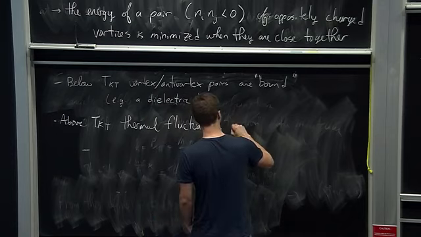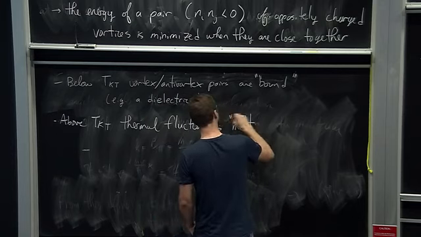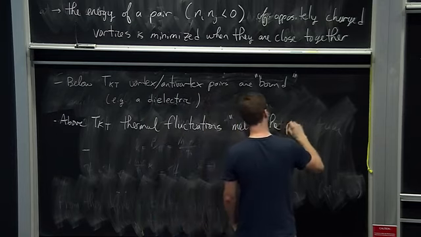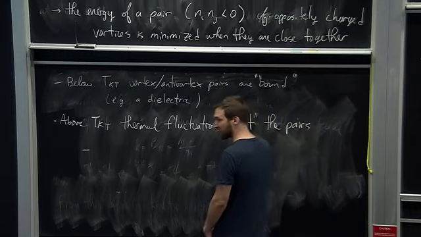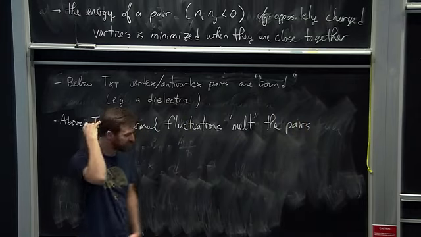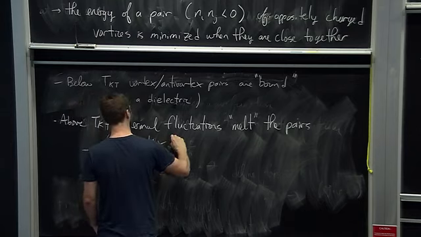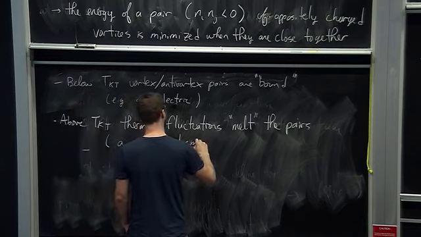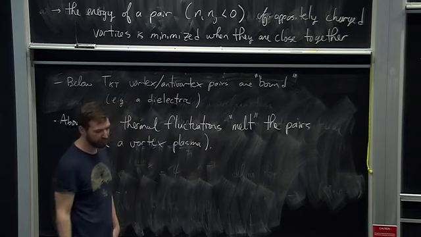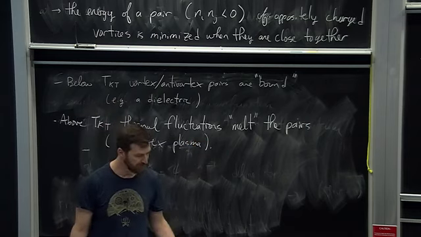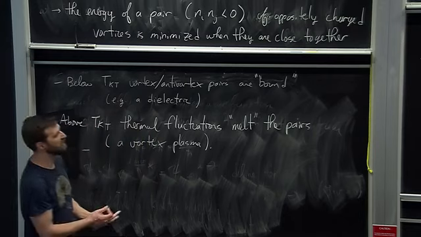Let's call it melt. So this is like a vortex plasma. So two-dimensional Coulomb gas. That's the analogy.